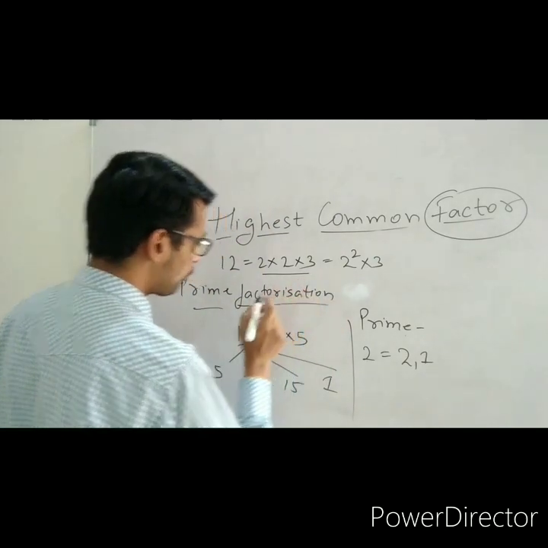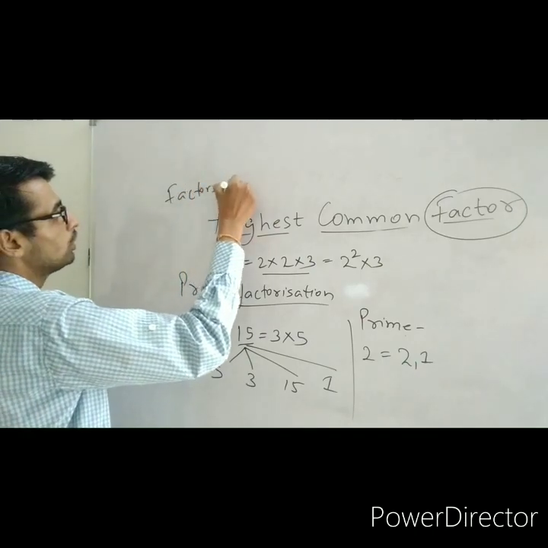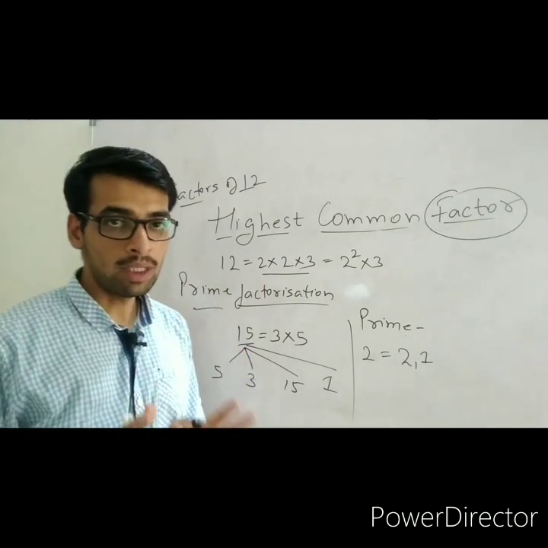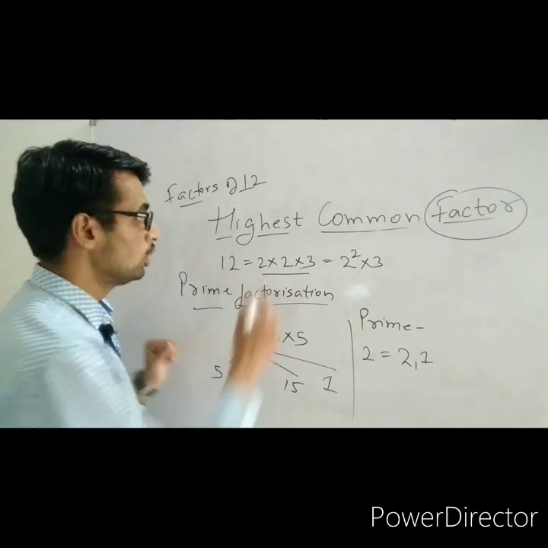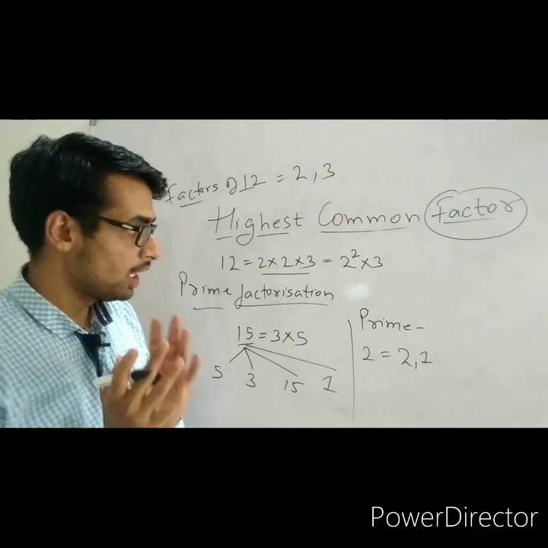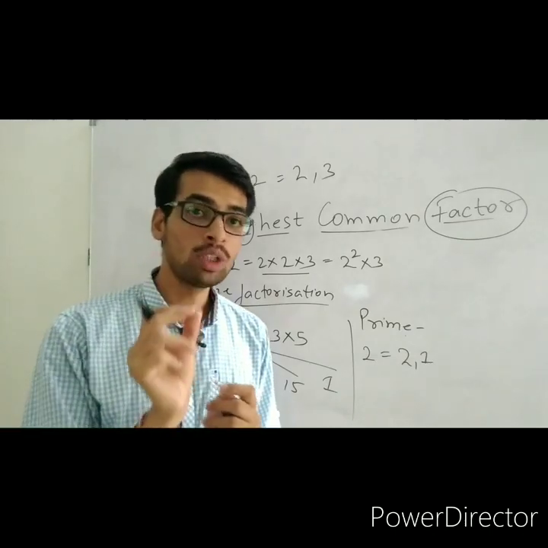To find all the factors of 12, you need to write all the different prime numbers. So we have 2 and 3, and you know that 2 and 3 are factors of 12. Now you have to make different combinations of two numbers.